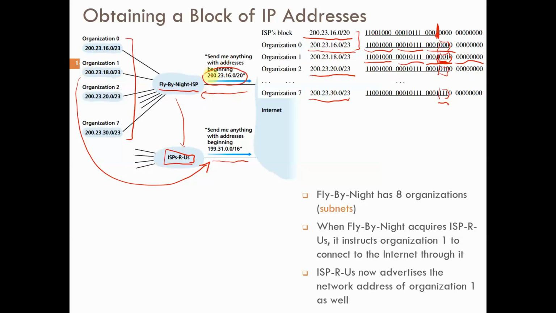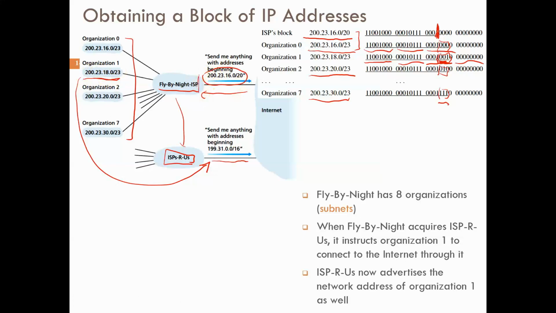Fly-By-Night's address is 200.23.16.0, which includes everything that is /23 from organization 0 to organization 7. So if a router receives a packet that has IP address 200.23.18.1, meaning that this is a device in organization 1, it will be sent to the Fly-By-Night ISP because Fly-By-Night ISP has announced its address block.